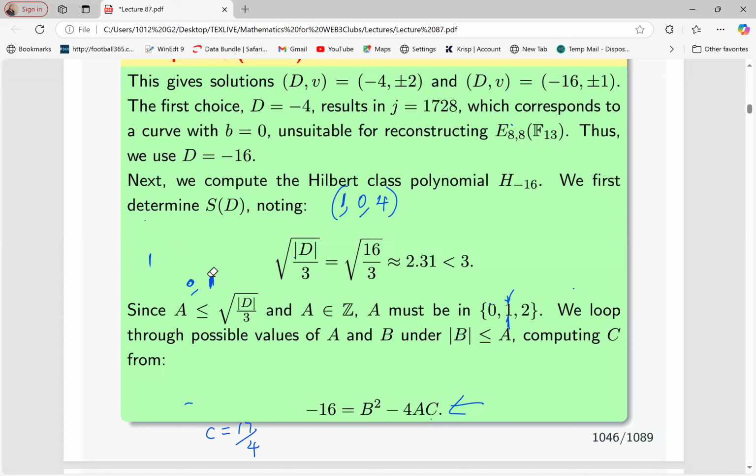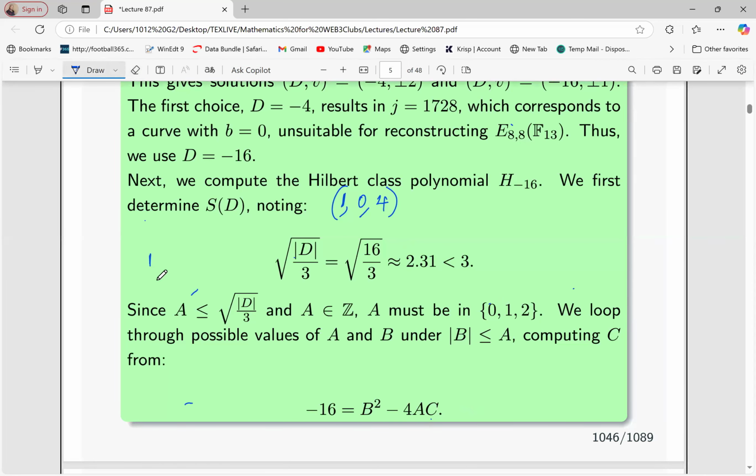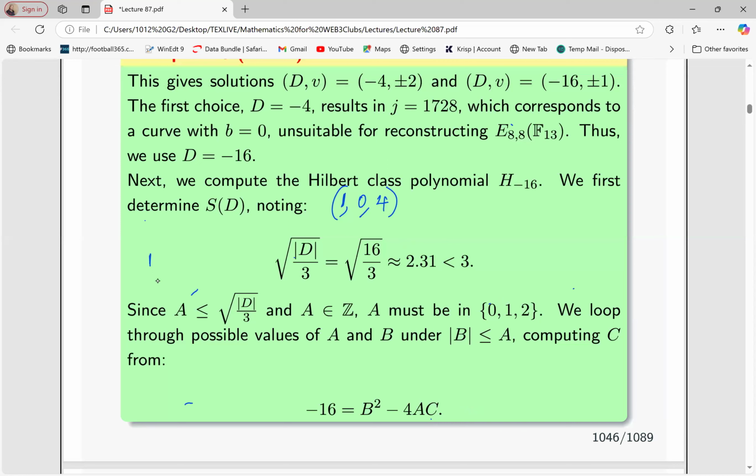Good. That is, if we take our discriminant to be negative 16, we come up with this set. Now we had another option that our discriminant will also be negative 4.